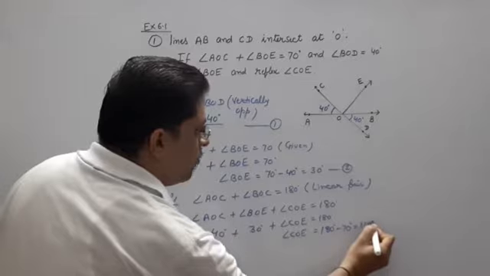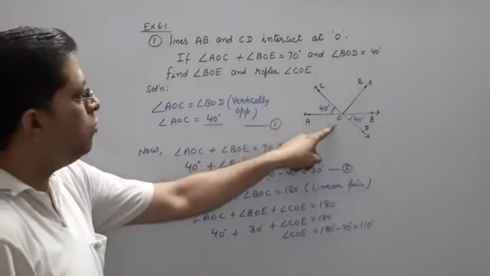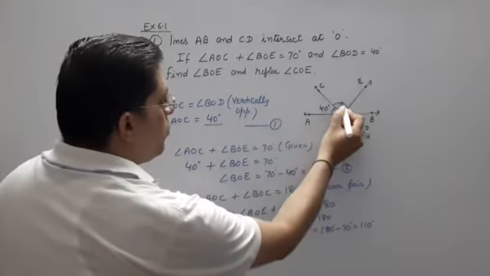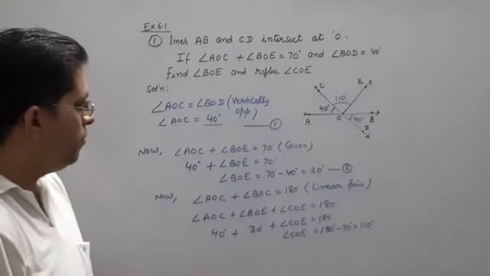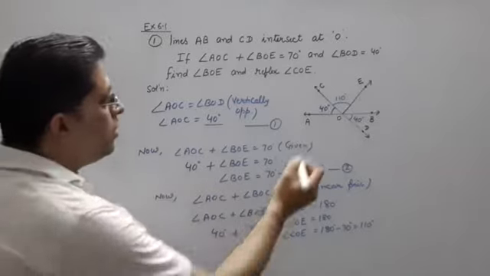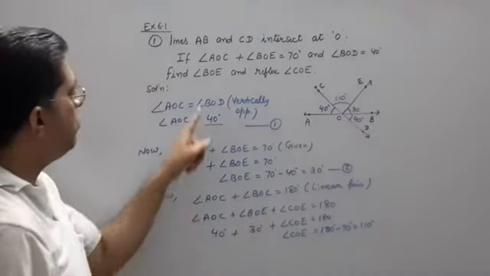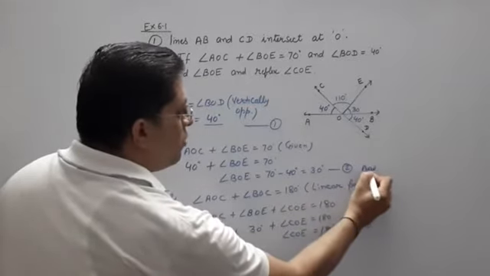This is 110. It means COE is equal to 110. COE is 110. Okay. And here BOE is 30. BOE is your 30. What you have to find out? BOE is the first answer, no? You can write here, this is the answer.